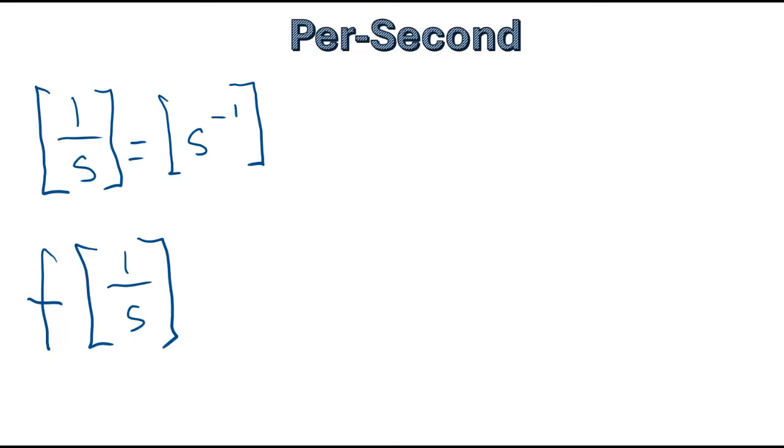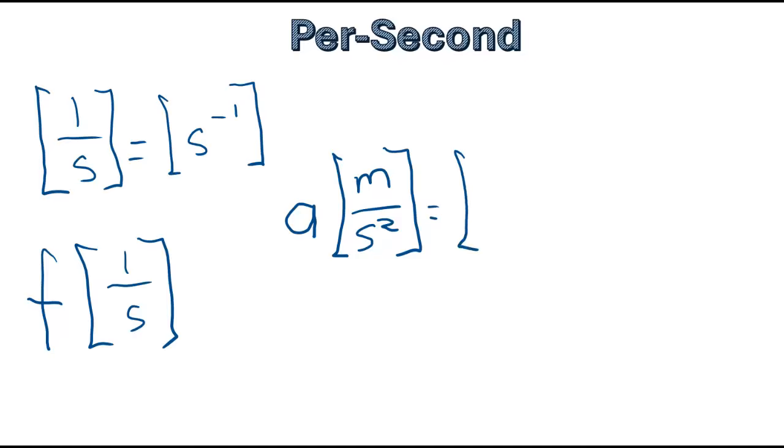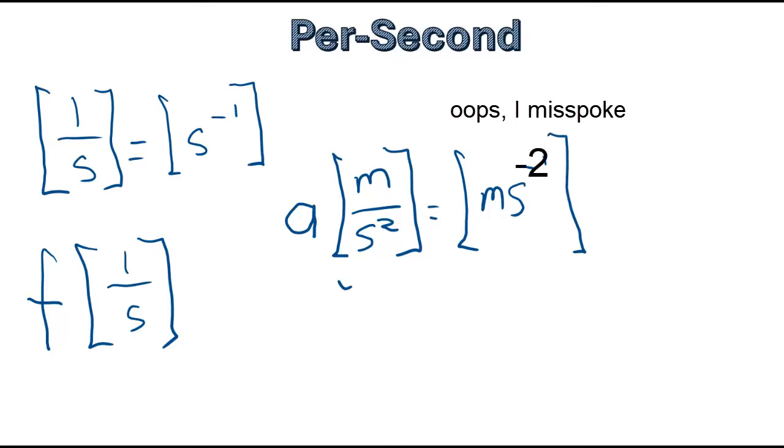The reason I have a problem with this is because let's look at something like acceleration. The units of acceleration are meters per second squared, or you could write them as meters times second to the minus 1, or as meter per second per second.